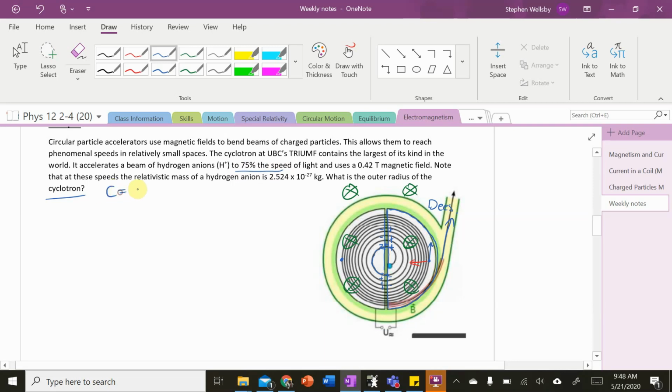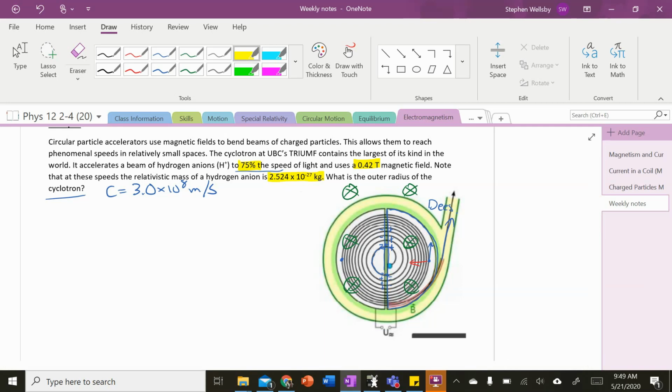Remember, the speed of light is 3 times 10 to the 8 meters per second, and they use a 0.42 Tesla magnetic field. We saw with relativity that the faster something goes, the more mass it gains. So the mass at this speed is no longer 1.67 times 10 to the minus 27, it's around 2.524 times 10 to the minus 27.